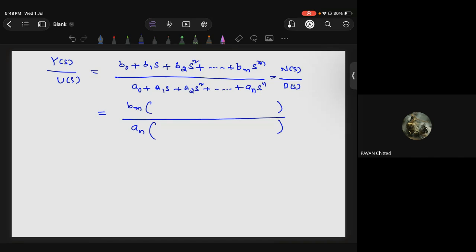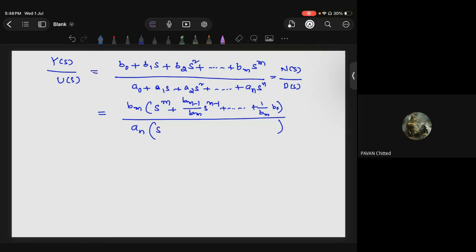So what do I get here? s power m, written in the reverse way: bm minus 1 by bm, s power m minus 1, etc. What is the ending term? 1 by bm, b naught. Am I correct?